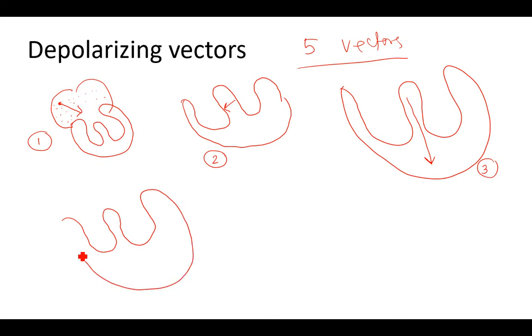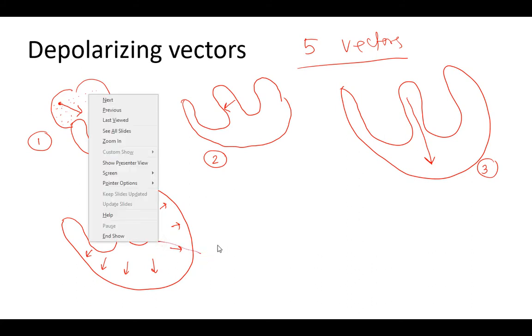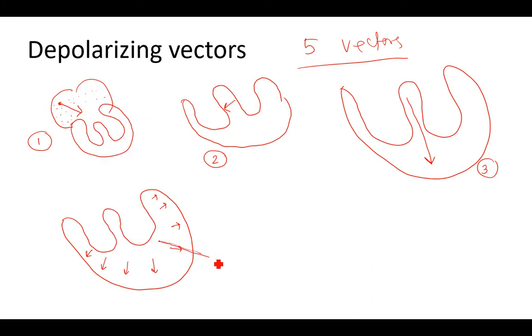Fourth vector is basically depolarizing all the myocardium, the left ventricle and the right ventricle, but the resultant vector is oriented slightly towards the left, as left ventricular muscle mass is more.